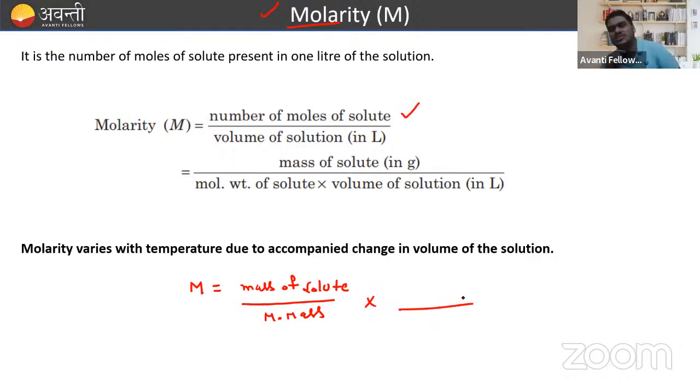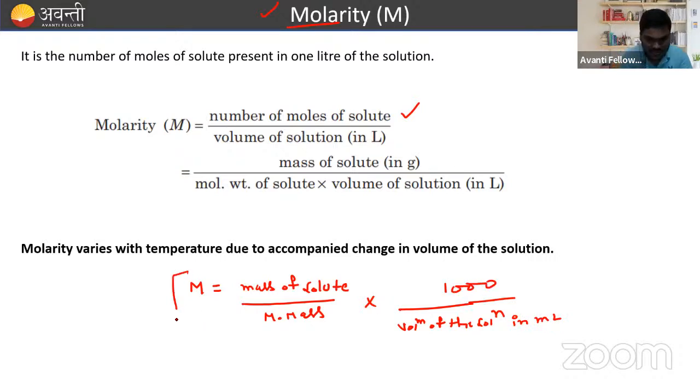Now, in many questions, volume is given in ml. So how will you convert ml into liter? We all know, just divide by 1000. So this is the volume of the solution. Remember this thing, here we use the volume of the solution. So if the volume of the solution is in milliliter, then divide this term by 1000.